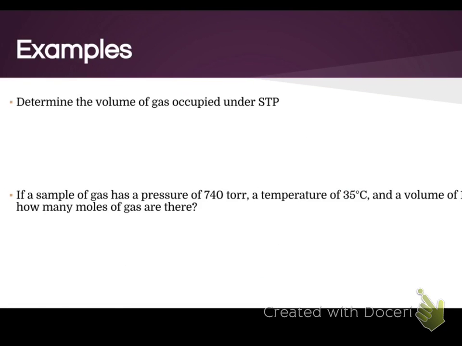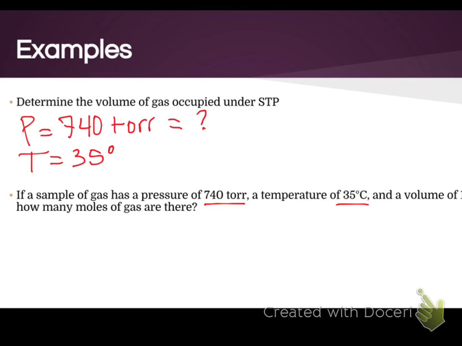All right. So the next problem says that we have a pressure of 740 torr. So I'm going to assign that to pressure. I feel like we probably have to convert that because we said that pressure is usually atmospheres. But we'll do that in a second if we have to. And then it says a temperature of 35. I definitely know I have to convert that one because we said that is always in Kelvin.